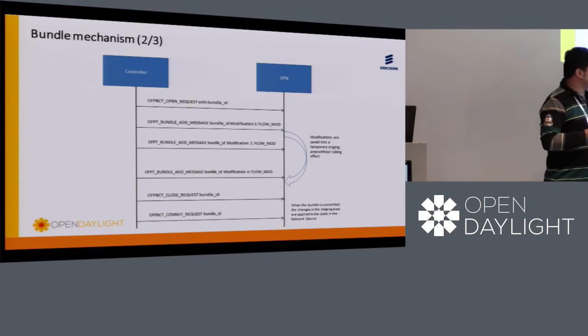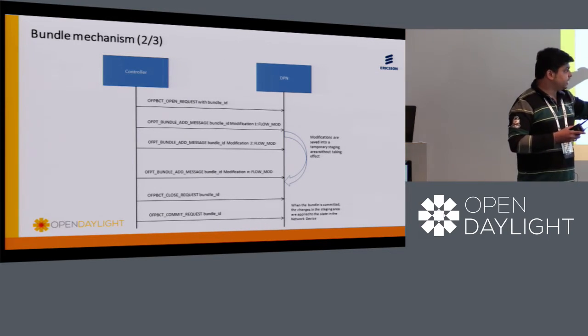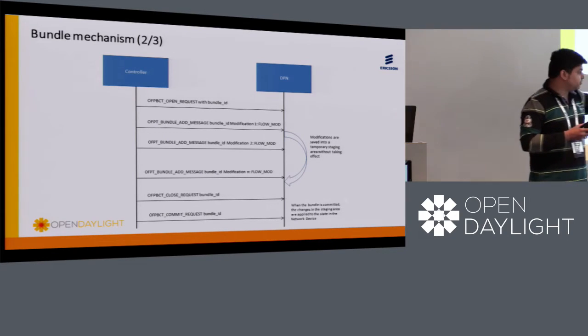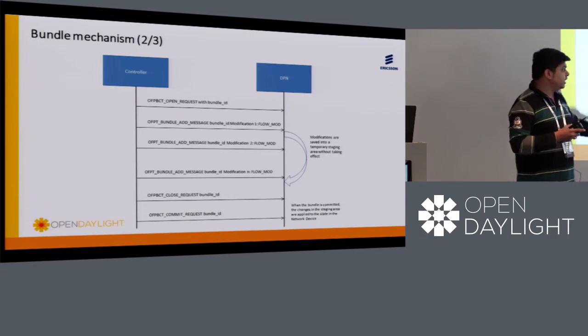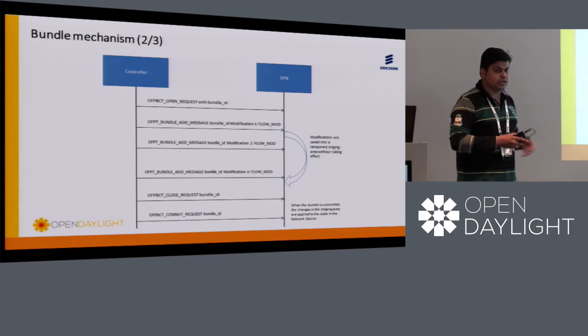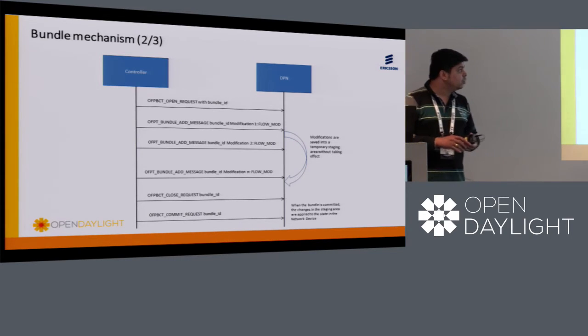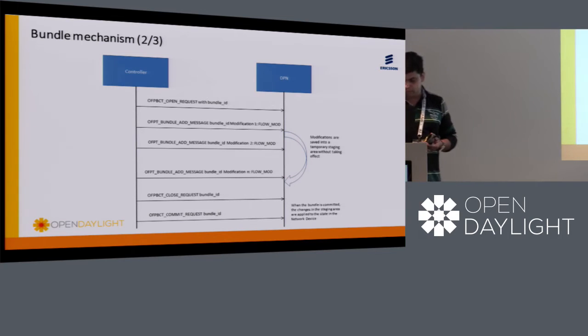Once these are done, they are stored in a temporary staging area inside the switch, and then these are getting validated. Once they are validated, this bundle is closed with the same bundle ID, and then everything is done. Finally, the controller says it's all fine. You can go ahead and provision the flows. So finally, this set of OpenFlow rules gets provisioned into the switch.